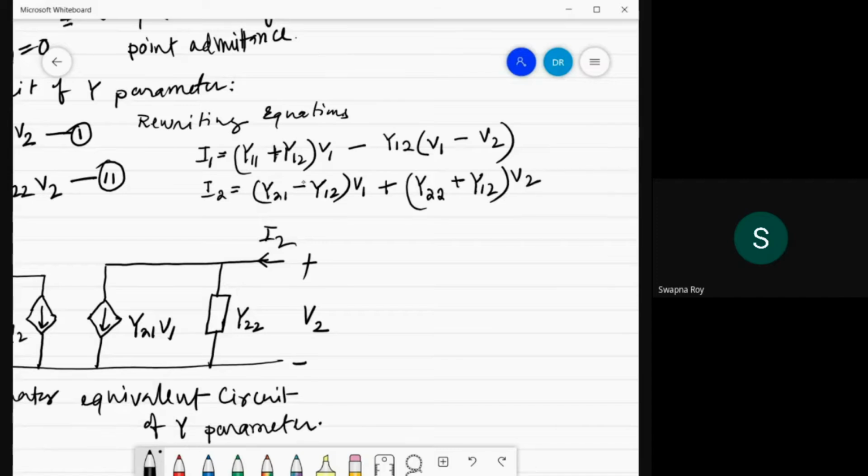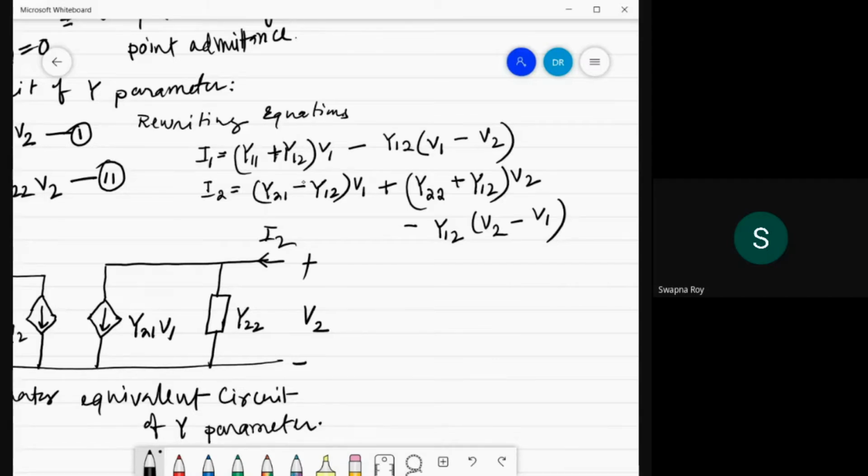Again, Y12 V2 is not there actually, but Y22 V2 is there. So I am subtracting Y12 times V2 minus V1.